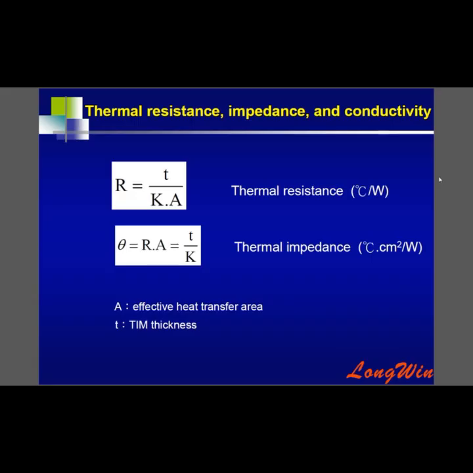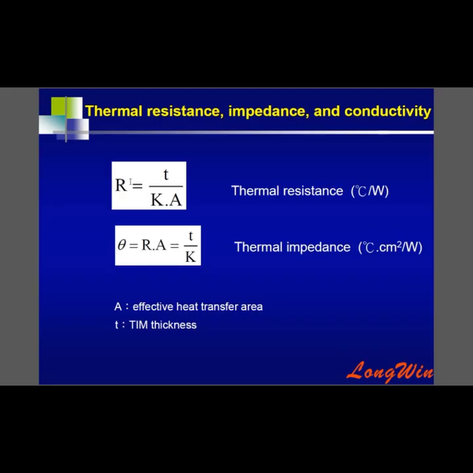For example, the same material, when it was put on a heat source with 20 times 20 millimeter, and another one put on the surface 40 times 40 millimeters. If the area is bigger, the thermal resistance will be smaller.